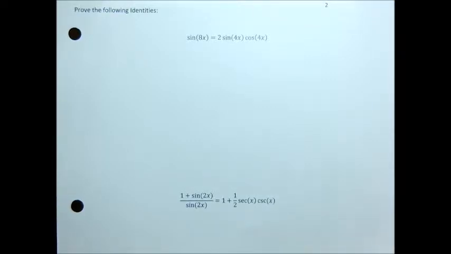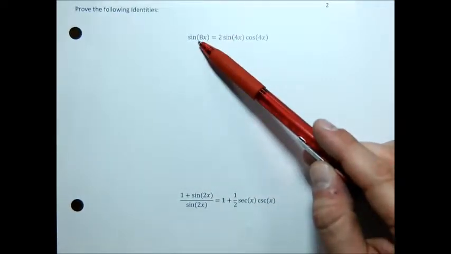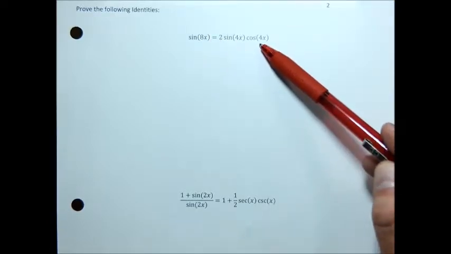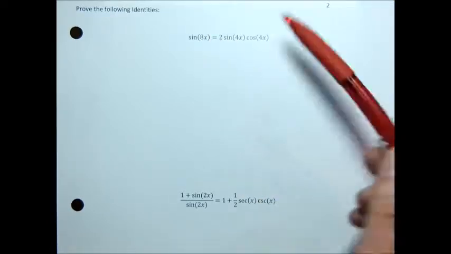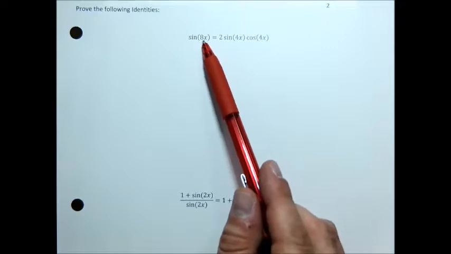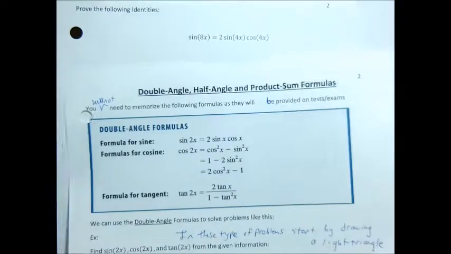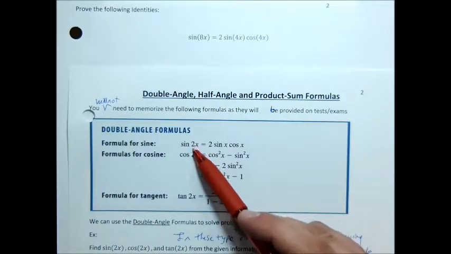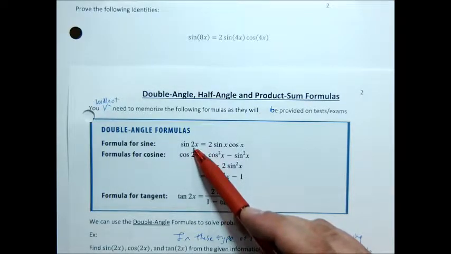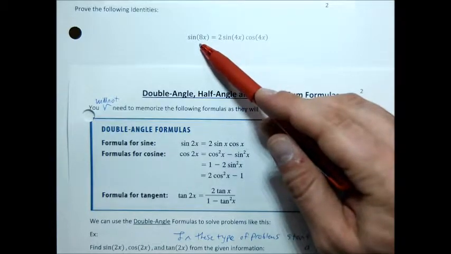If we want to show that sine of 8x equals 2 sine cosine, you know, there aren't many formulas that tell us what to do when you have something other than just x inside sine. And so really the only option that we have to prove these things would be this formula. This tells us what to do when we have something being multiplied inside sine. But this tells us what to do when it's 2 times something, and this is 8 times something.